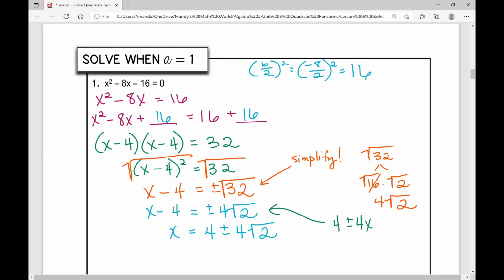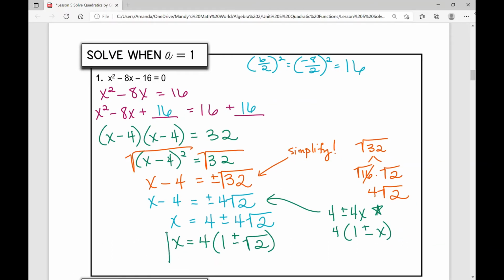But I'm not done, right? What would you do in this case over here? You could factor out a 4, right? If I did it over here, I'd be left with 1 plus or minus x. Same thing over here, 1 plus or minus the square root of 2. And there's your answer.